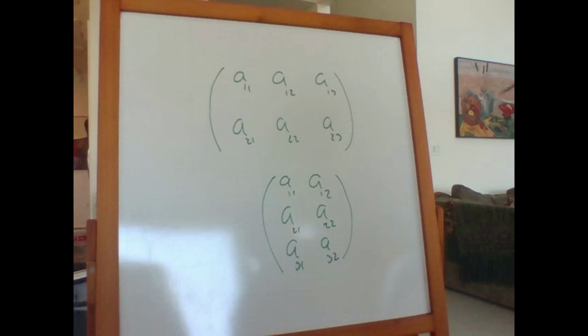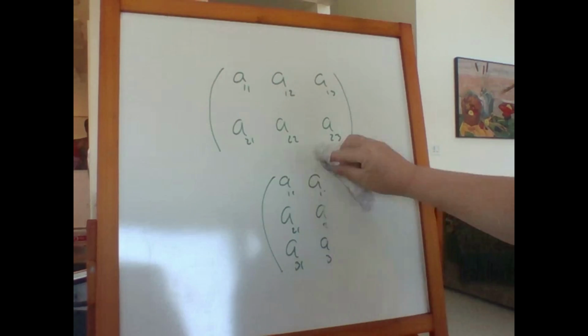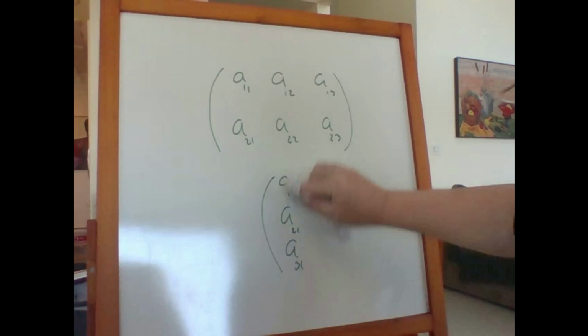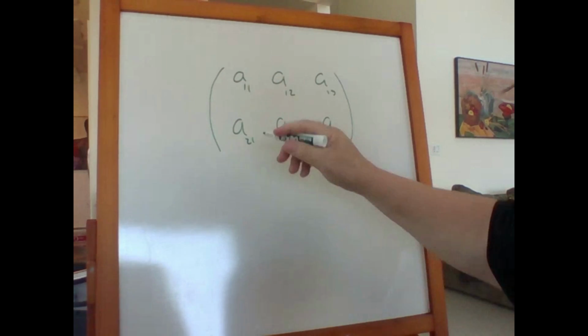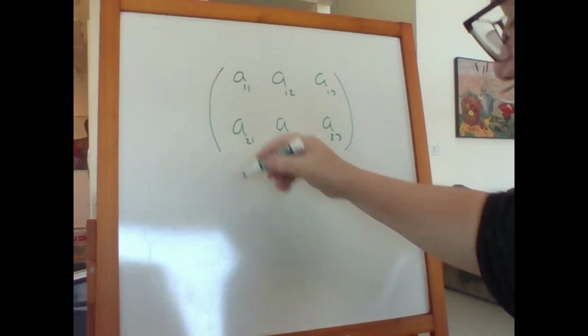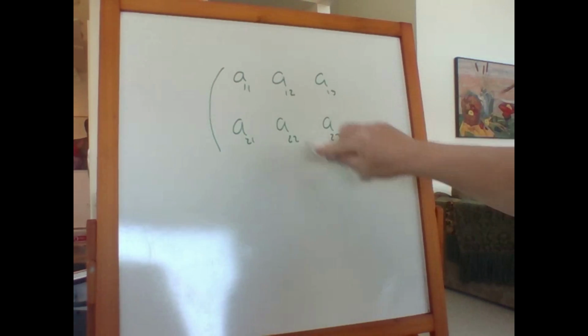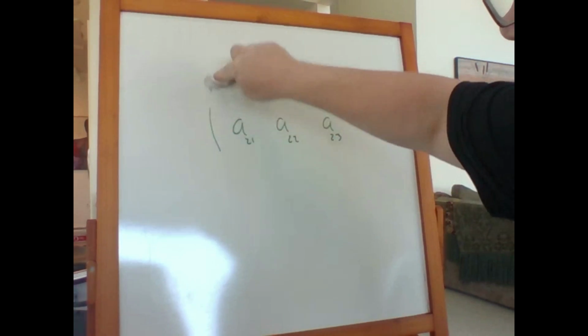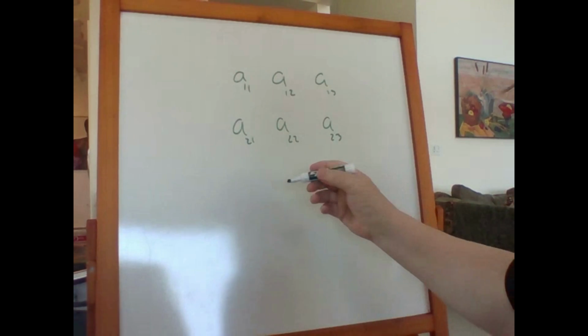You can have square matrices, or a square matrix, where, well, let's see if we carry this bracket down further, this would be a 3 by 3 square matrix.